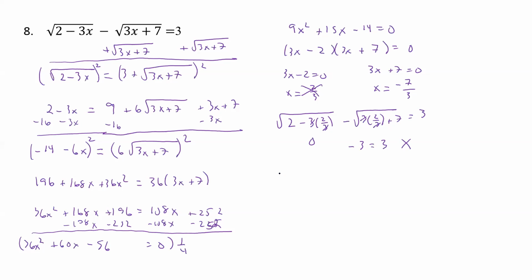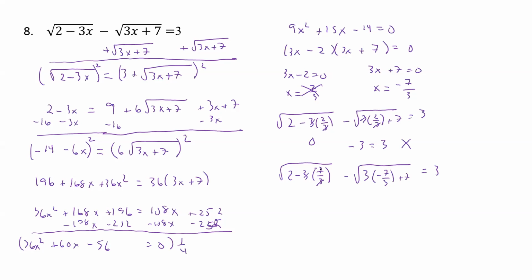Well, it's going to be similar. 2 minus 3 times negative 7/3, and it's negative. And then here we have minus square root of 3 times negative 7/3, and then we have plus 7 equals 3. And so here we have 3 cancels 3.